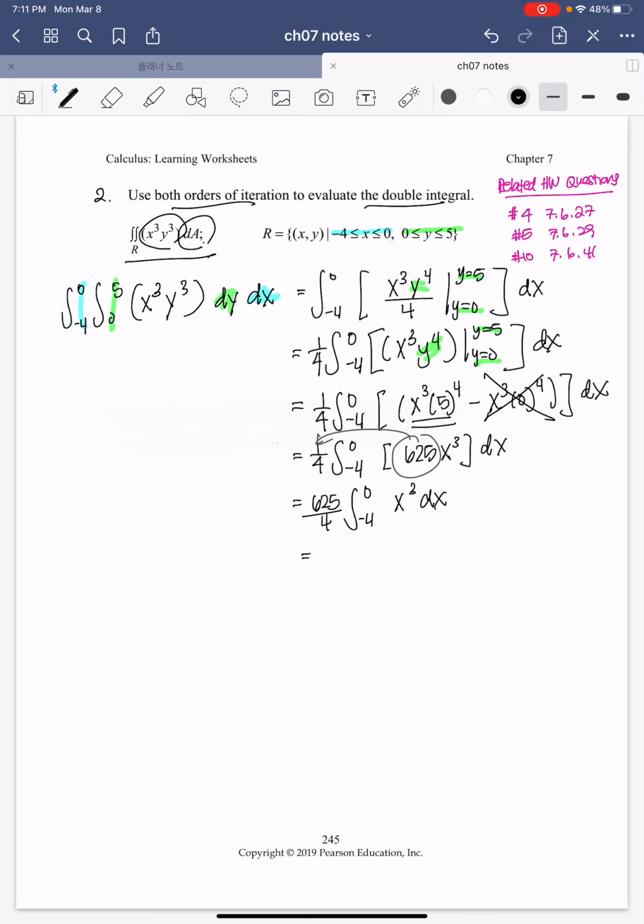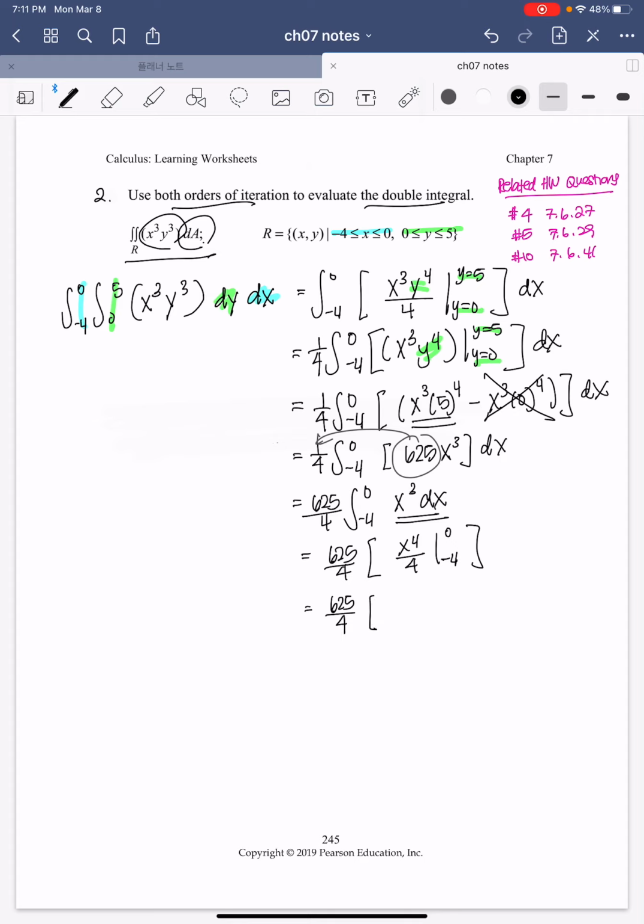And it's an easy integral. So 625/4, now x to the 4th over 4 from -4 to 0. I integrated, so dx disappears. So I'm going to have 625/4.